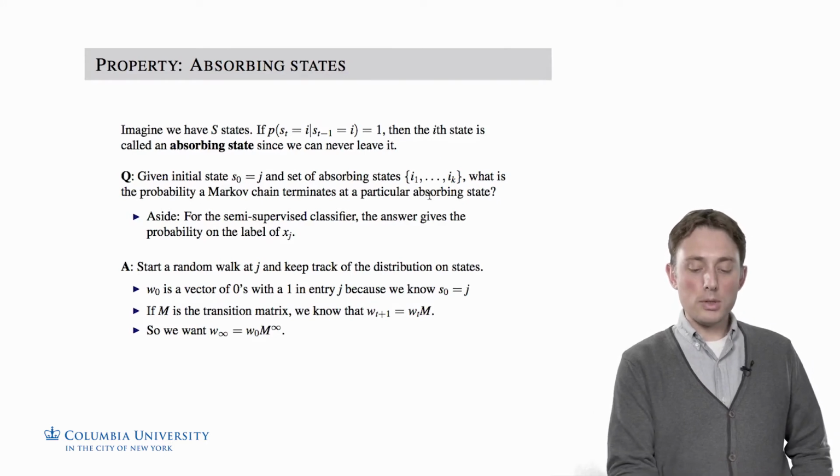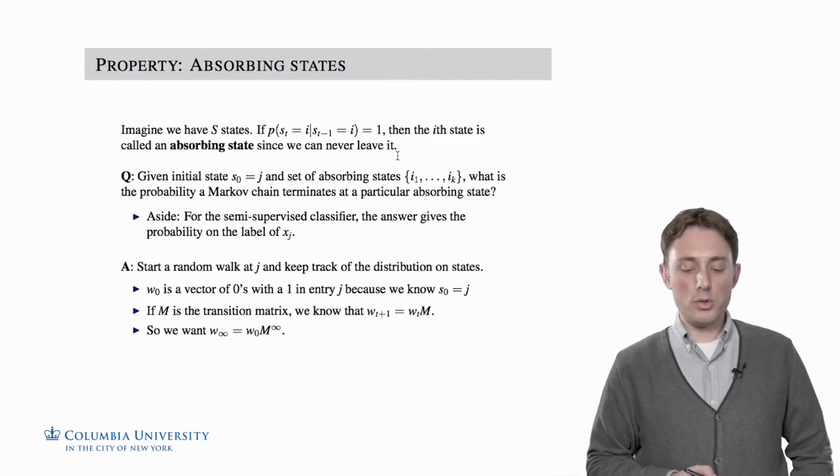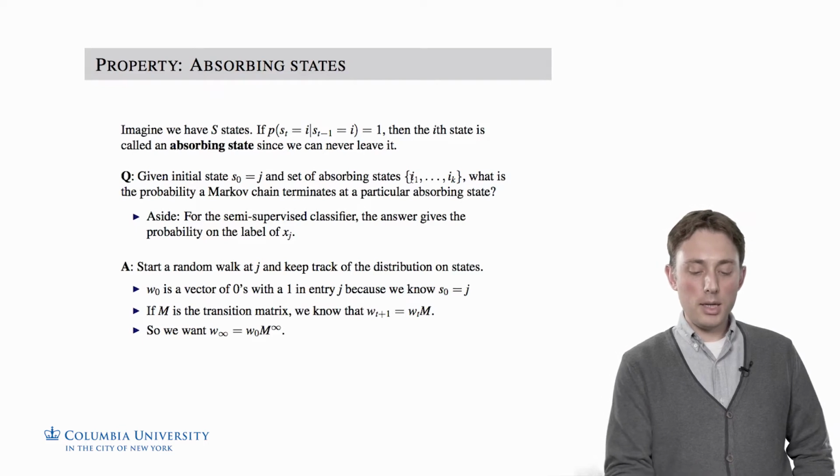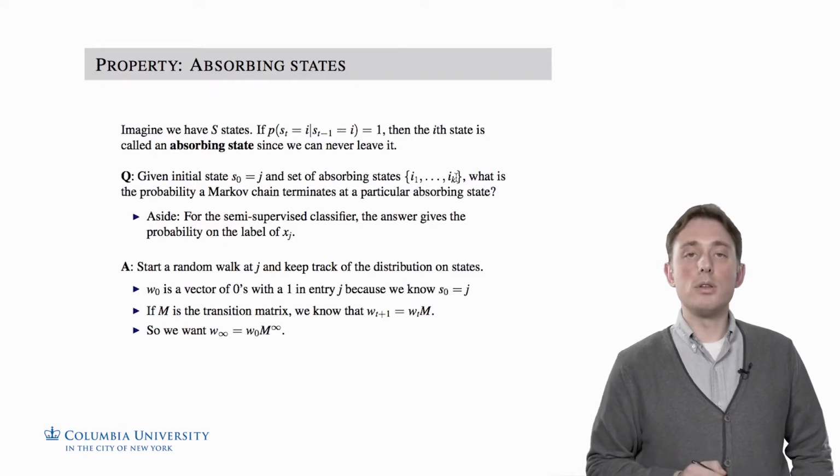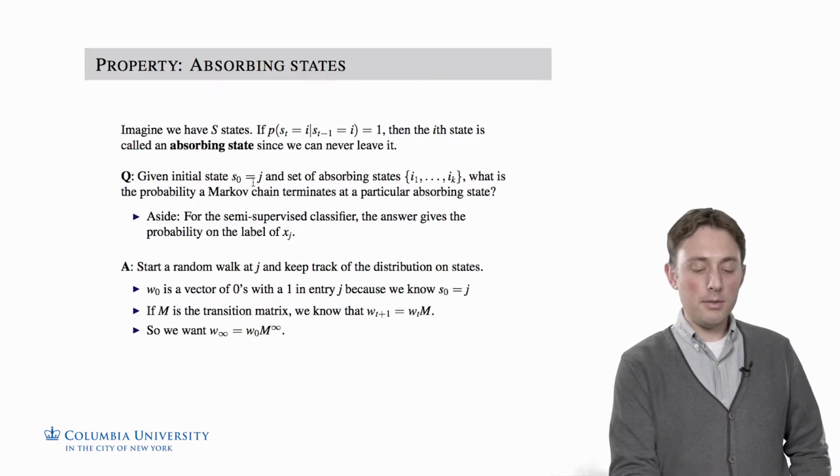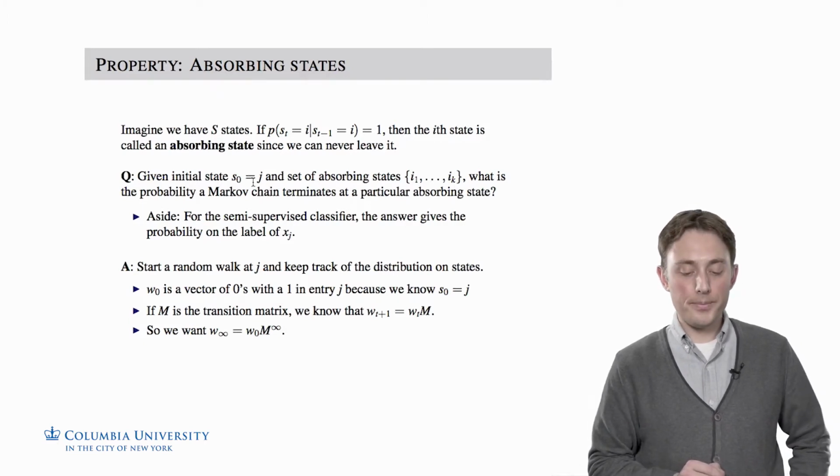So what we're looking for is a k-dimensional probability distribution that says the probability of terminating at any one of these different absorbing states, given that I start in state j.